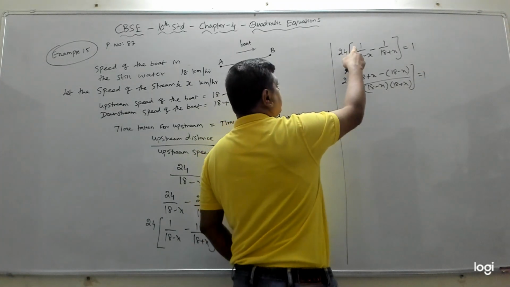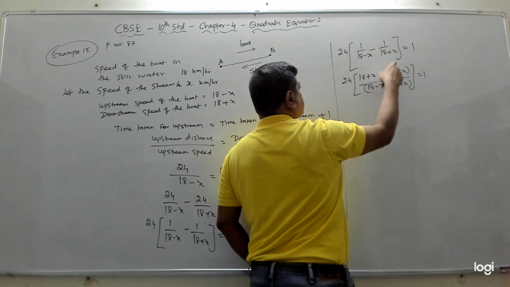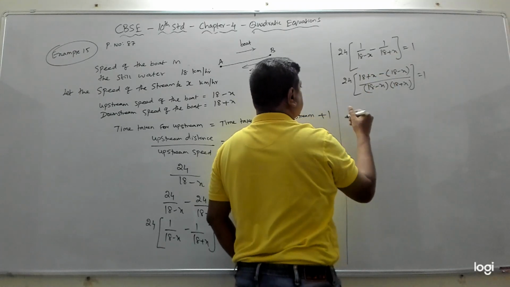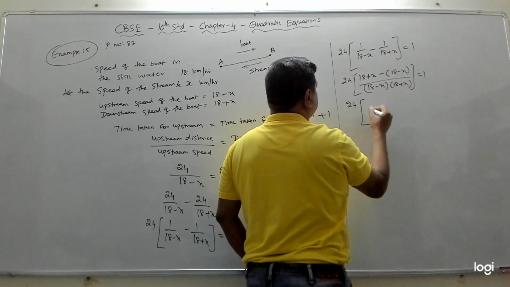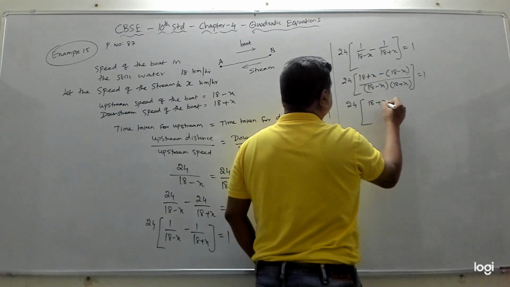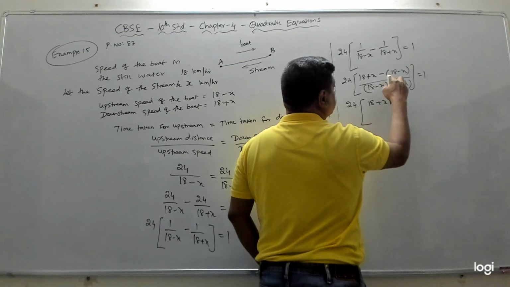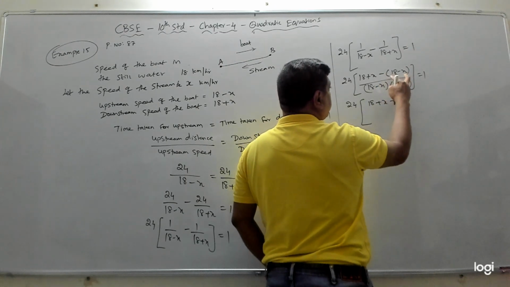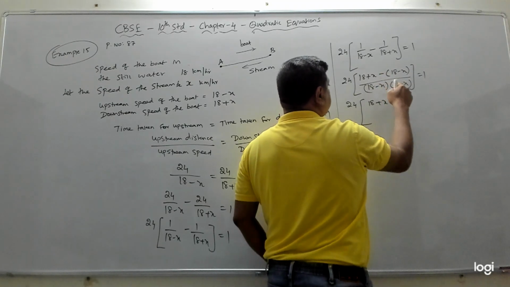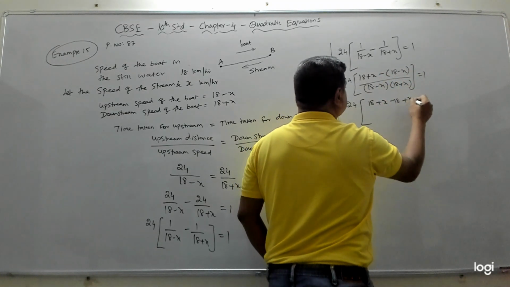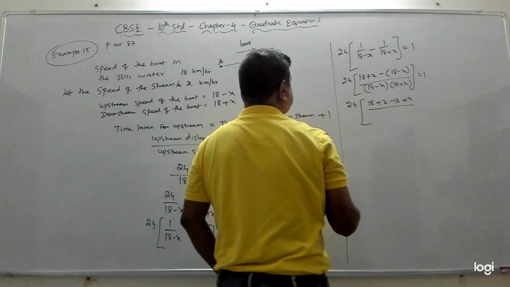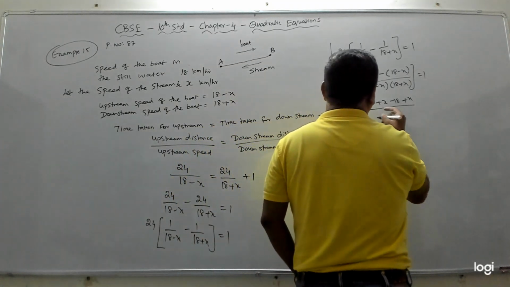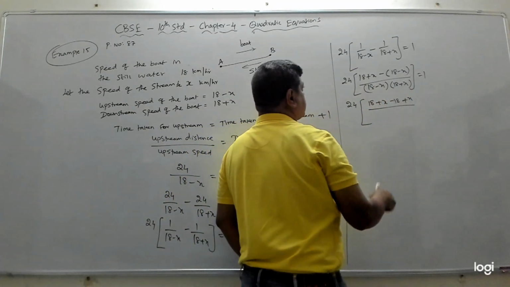So 24 times 18 plus x minus 18 minus x. You have to put the bracket here, that is very important. Then minus 18 and minus into minus is plus x, by 18 minus x into 18 plus x.